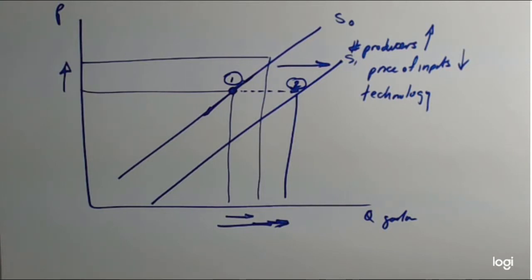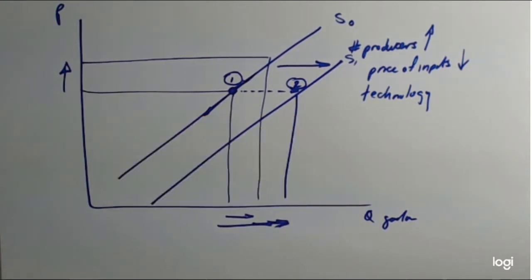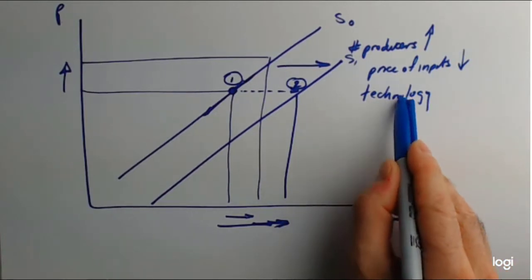It could even be not just the adoption of equipment and computer systems to better automate the production of gasoline, but it even could be how producers arrange their facilities. Basically the same, in my mind, the same technology, but rearranging their production process. That could actually increase their productivity. And so technology and productivity go hand in hand.